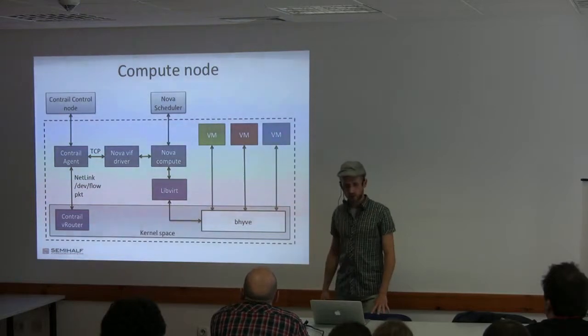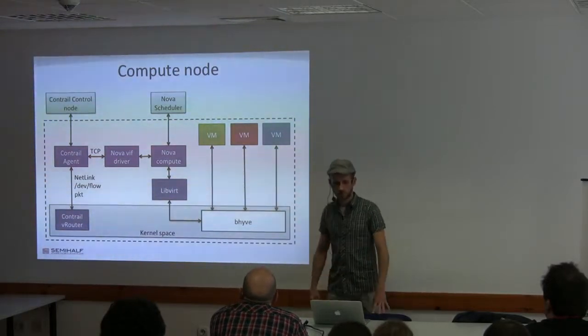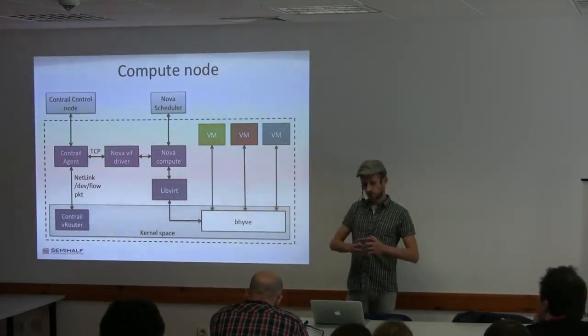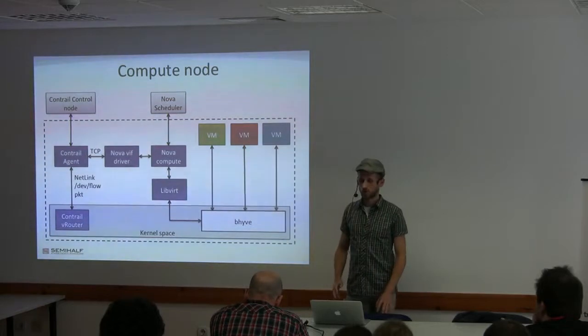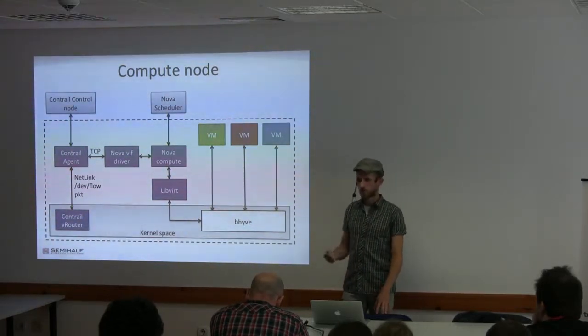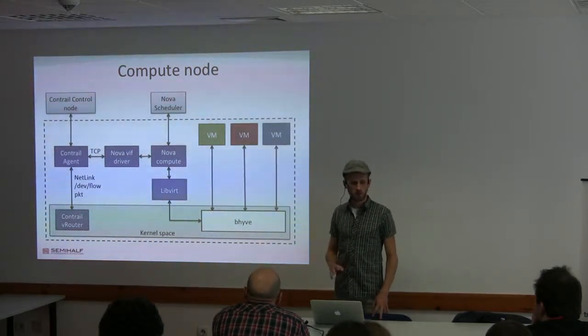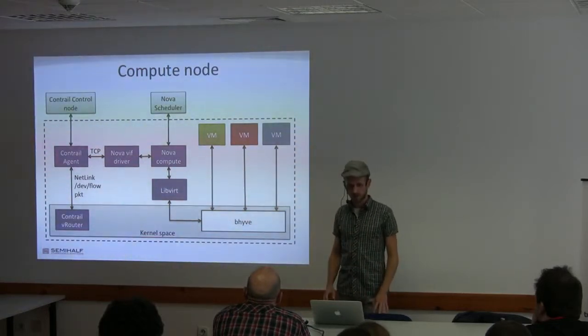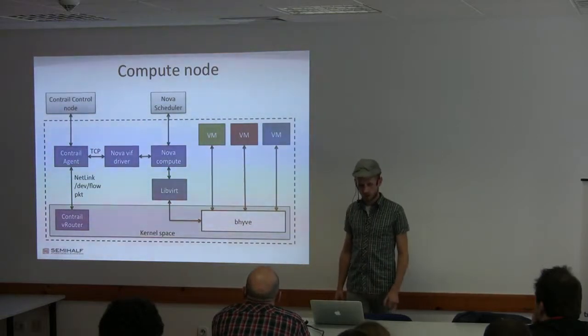And there is a Contrail agent, which is a user space process, and it is actually a sort of distributed part of the control node. It handles the proxies of ARP and DHCP, because these kinds of protocols are not sent over the IP fabric network, but are handled inside the compute node right here.